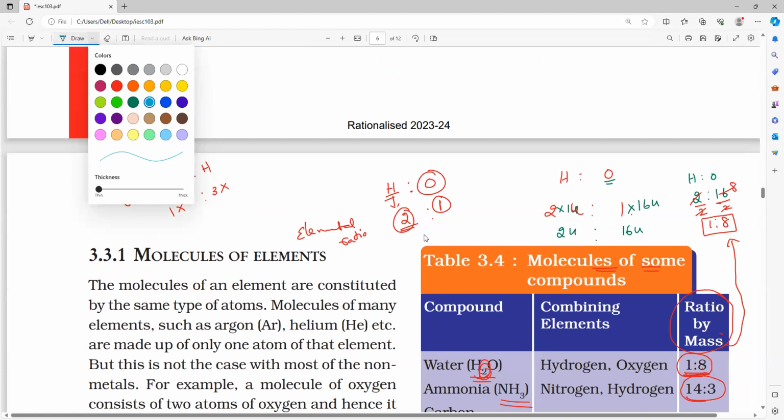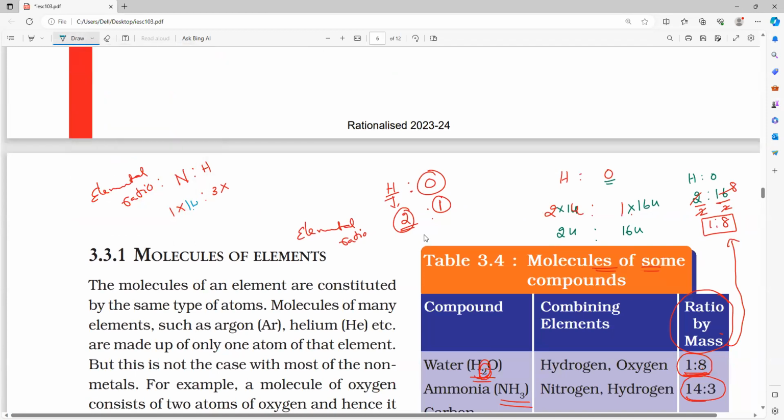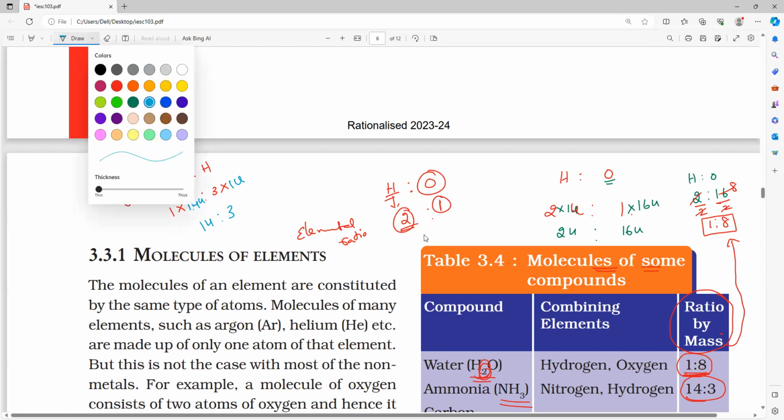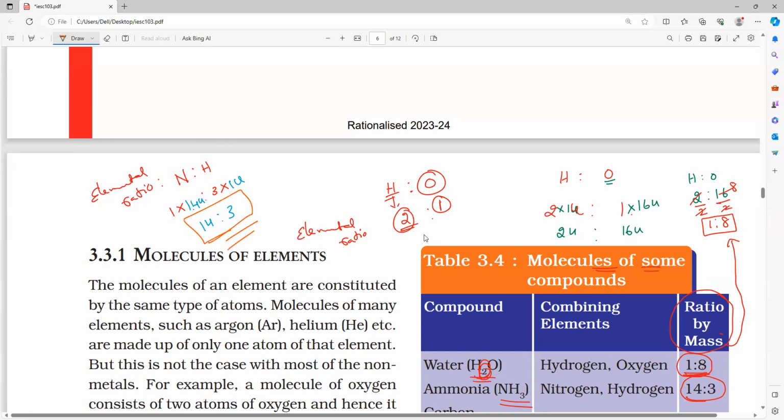So 1 into 14U. Next, what is the mass of hydrogen? 1U. So 1 into 14 is 14, 3 into 1 is 3. Is it possible to bring it into a smaller ratio with any number, Nivedan? No. That's why the mass ratio is 14:3. Over. Clear?